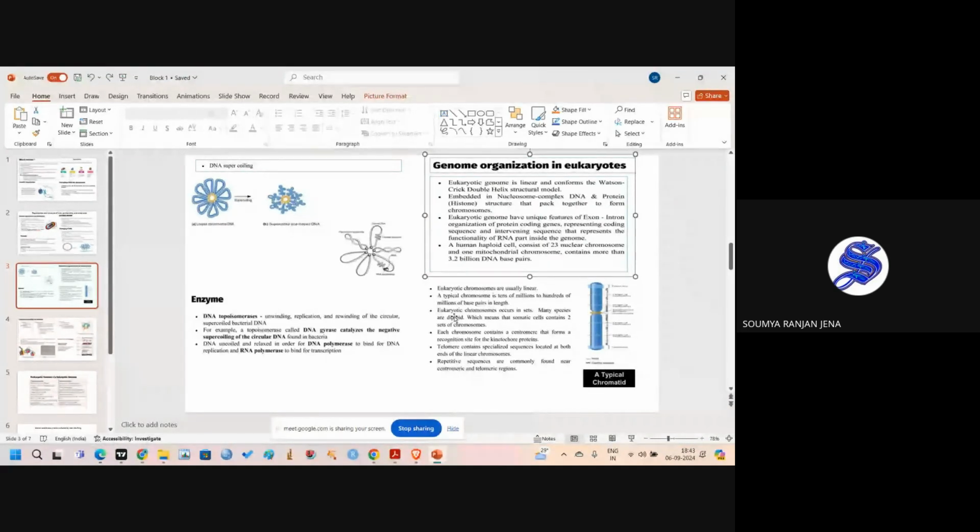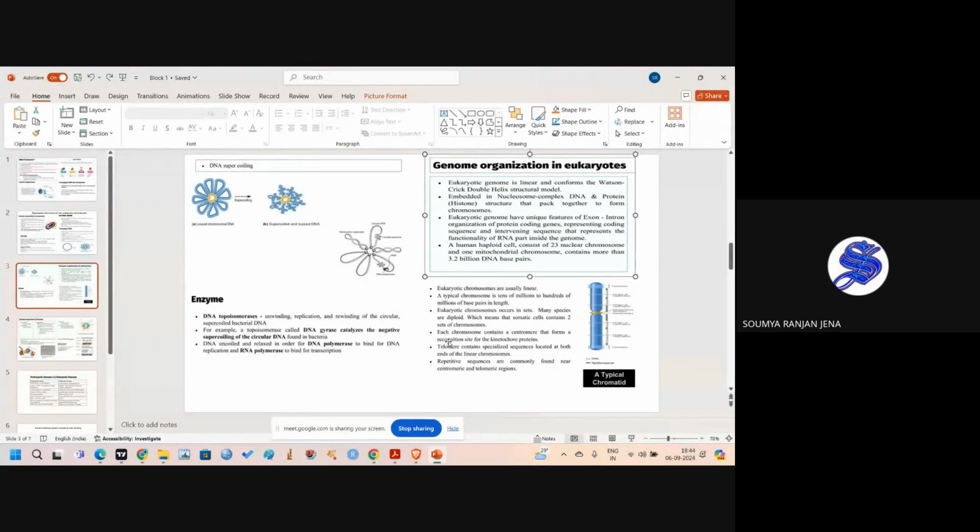Many species are diploid, which means that the somatic cell contains two sets of chromosomes. Each chromosome contains a centromere, which forms a recognition site for kinetochore proteins, and this yellow region is called the centromere region, and this is called one chromatid, and this is called one chromatid.